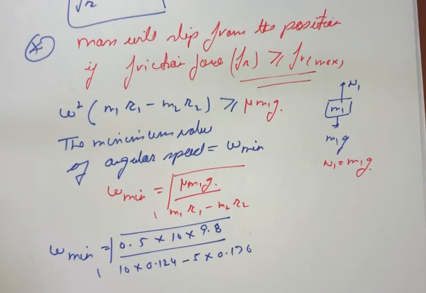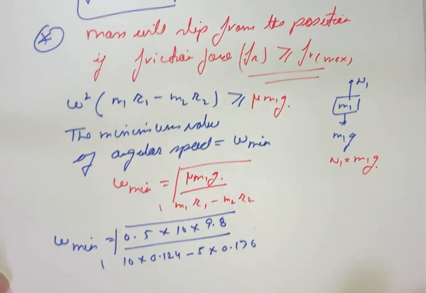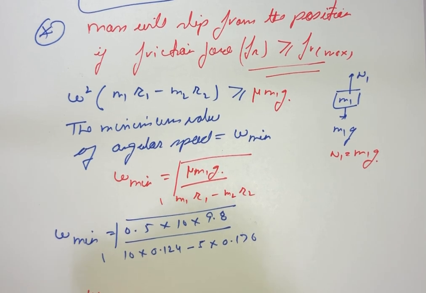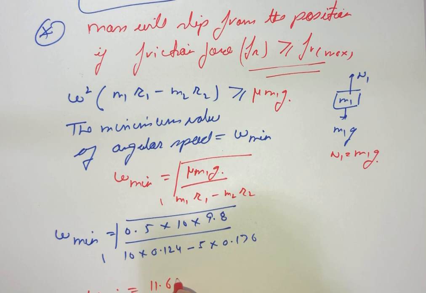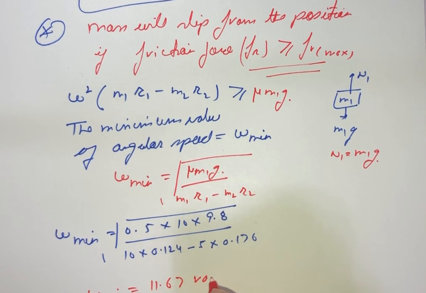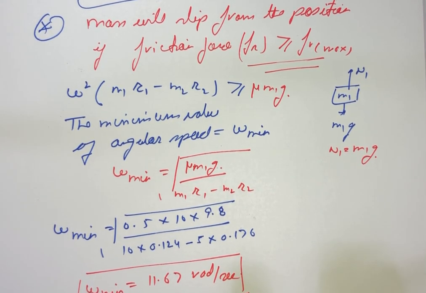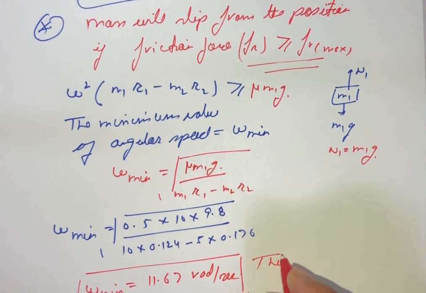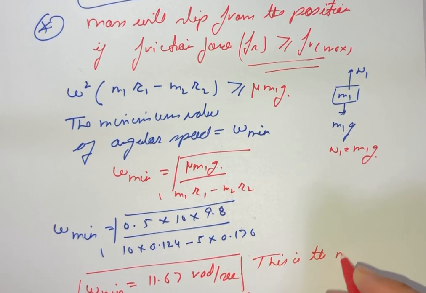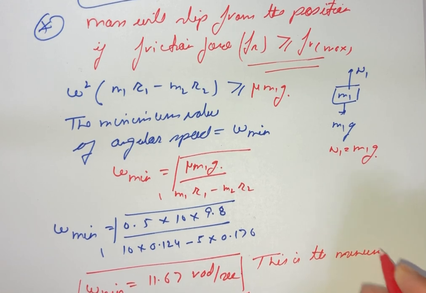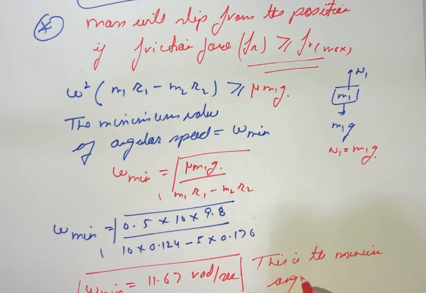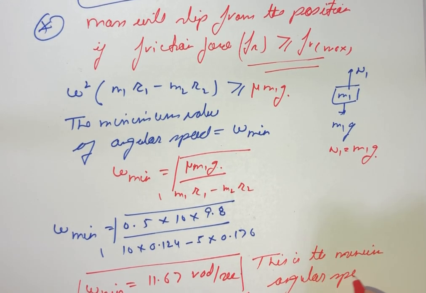So from here we get that minimum angular speed is 11.67 radian per second. Okay, so this is the minimum angular speed.